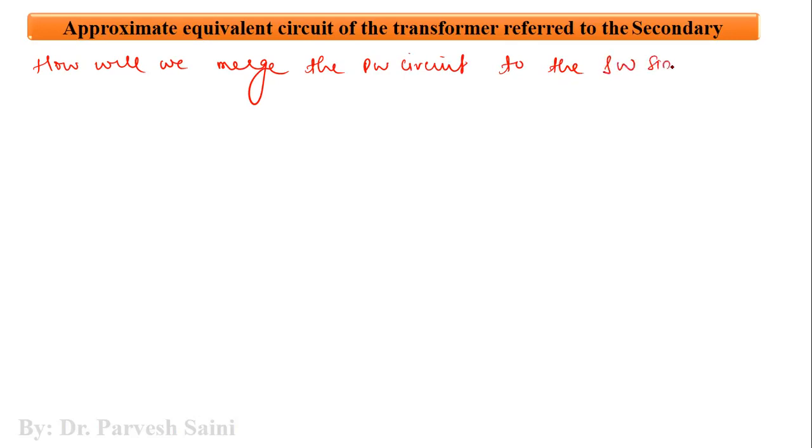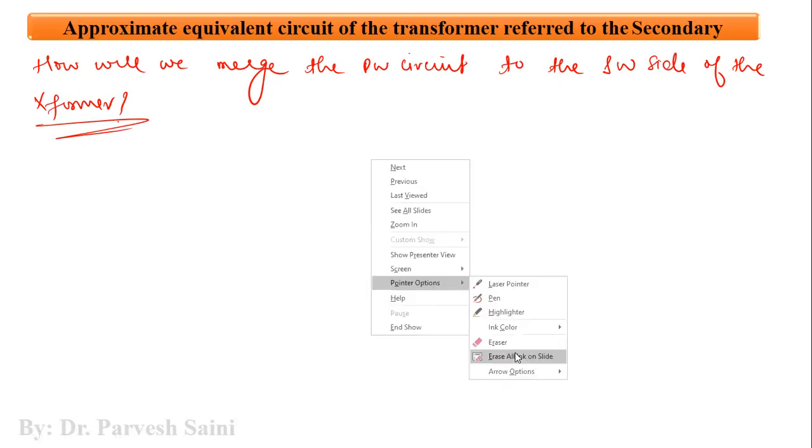Now how will we merge the primary winding circuit to the secondary winding side of the transformer? Now this is the question. This we will see in this particular slide. We will see how we will merge the primary side into the secondary side, right?